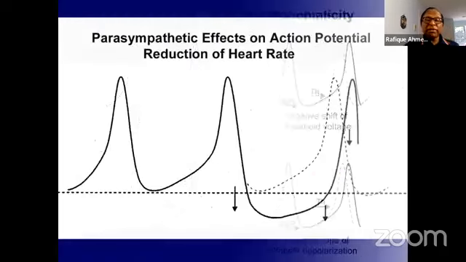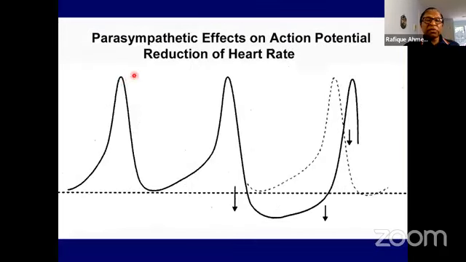So look at this, this is the action potential of the sinus node. And if we give parasympathetic stimulation, the resting membrane potential goes down, and it takes longer to reach the threshold potential, and we get bradycardia. Reverse will happen if we give adrenaline, that it will move it up and we'll reach the threshold earlier.